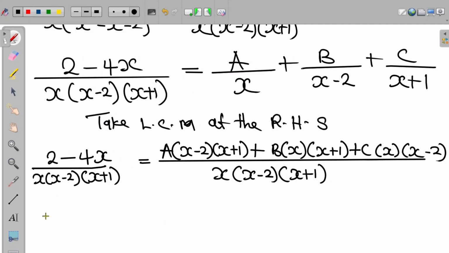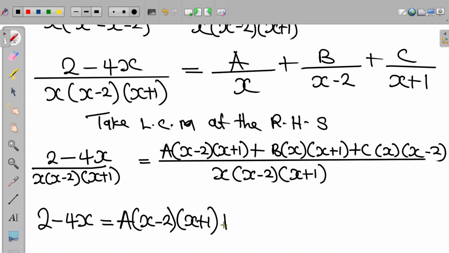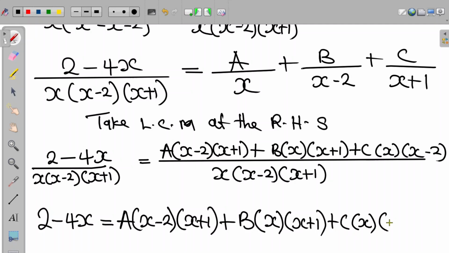Thus, we equate their numerators. So we have 2 minus 4x equal to A multiplied by (x minus 2) multiplied by (x plus 1), plus B multiplied by x multiplied by (x plus 1), plus C multiplied by x multiplied by (x minus 2).